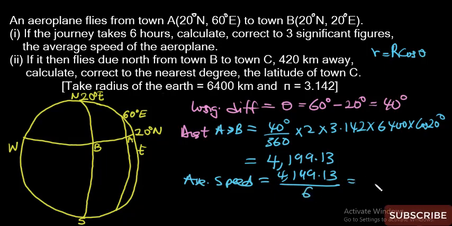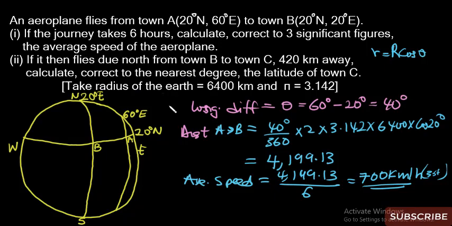Our calculator will give us our final answer, 700 kilometers per hour, and this is to 3 significant figures. Okay, good.